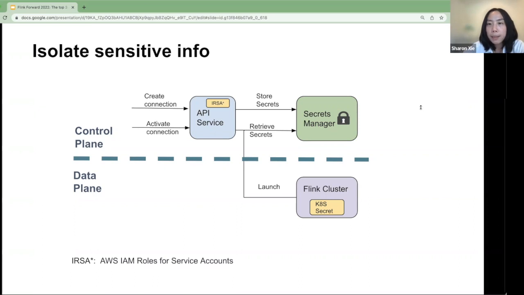What that means is the Flink cluster running the data plane that's responsible for one job has access only to the secrets given to it. The Flink cluster has no direct access to Secrets Manager, nor is the secret shared with other Flink clusters. Hope I made it clear.